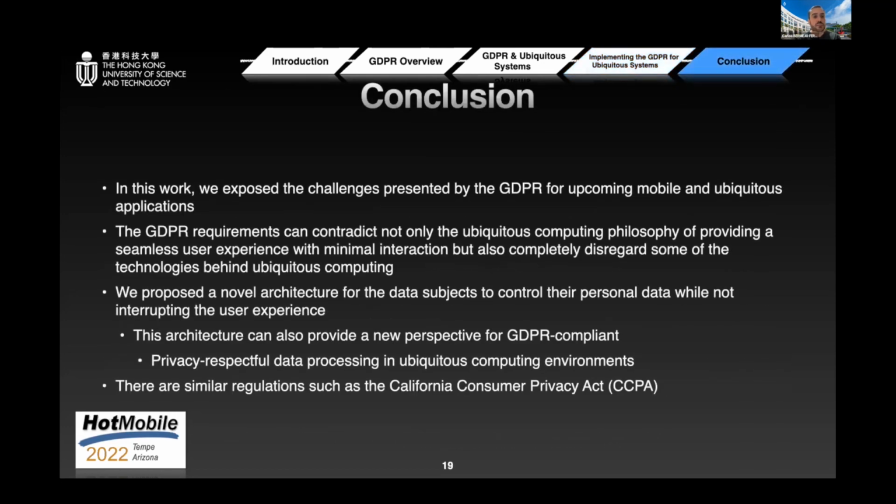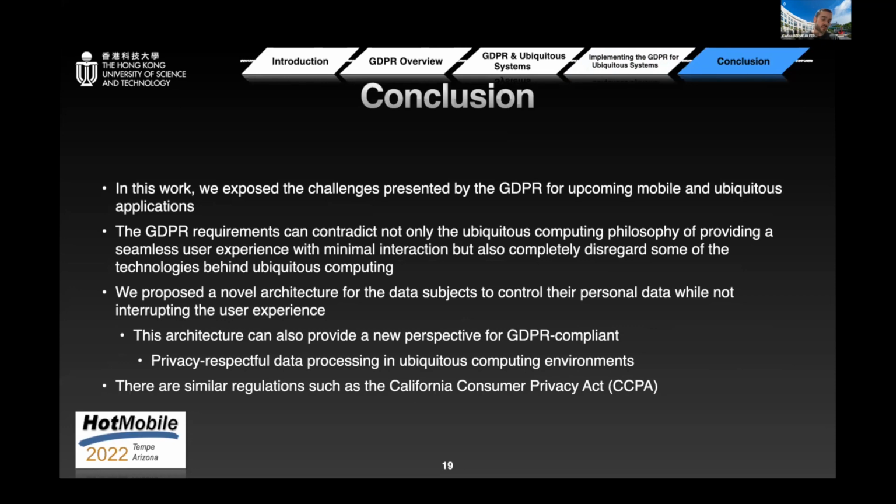And as a conclusion, we expose in this work the challenges presented by the GDPR for upcoming mobile and ubiquitous applications. The GDPR requirements can contradict not only the ubiquitous computing philosophy, but also completely disregard some of the technologies behind ubiquitous computing.